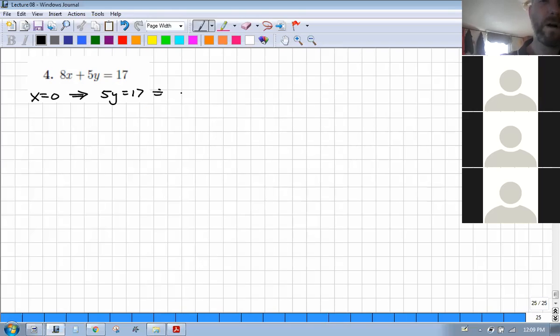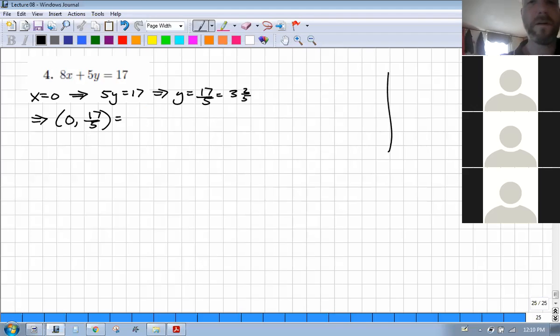So therefore y equals 17 over 5, which is 3 2/5. So therefore (0, 17/5) is our y-intercept.